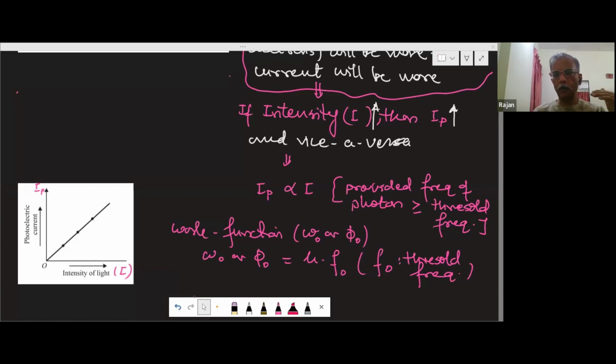Am I right? Because that W0 or phi 0, or h f0, is used to just liberate the electron out of the energy of the incident ray, where I'm telling that your f is greater than f0. So the remaining energy will be available with the electrons, in which form? They will be in the form of kinetic energy. Am I right?